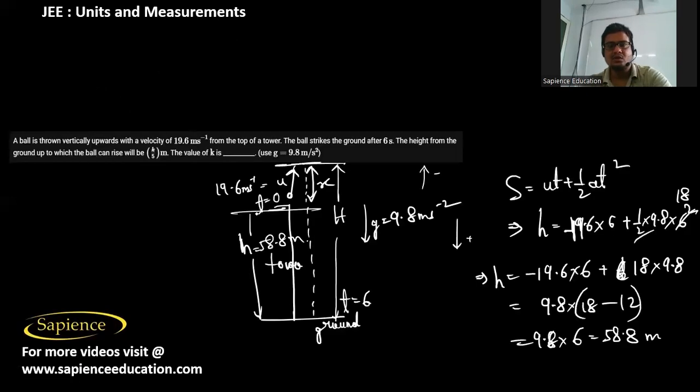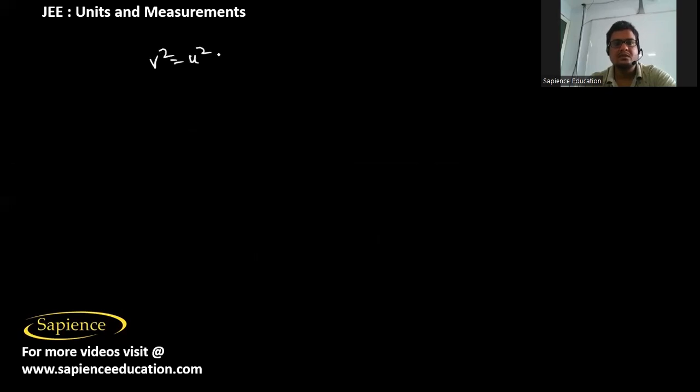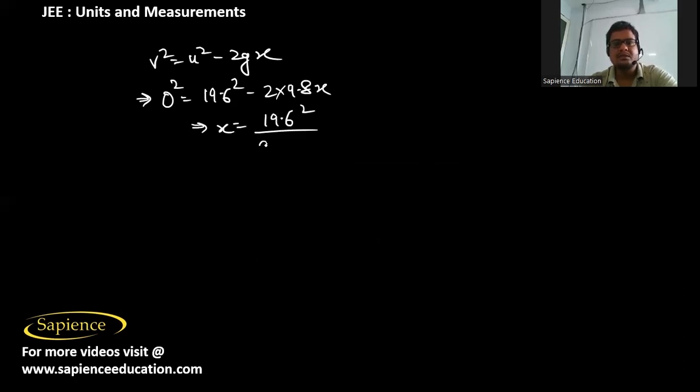At the topmost point, the velocity will be 0. So I can say v square equal to u square minus 2gx. So 0 square equal to u square, which is 19.6 whole square, minus 2 into 9.8 into x. Therefore, x will be equal to 19.6 square by 2 into 9.8. So this is 19.6.